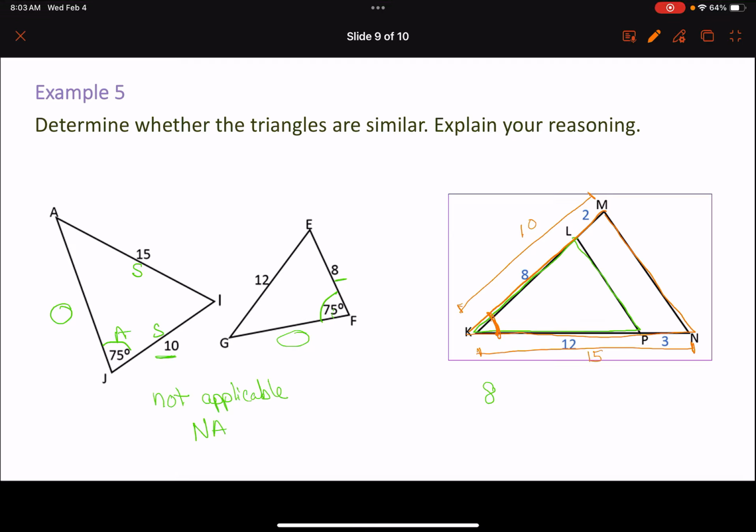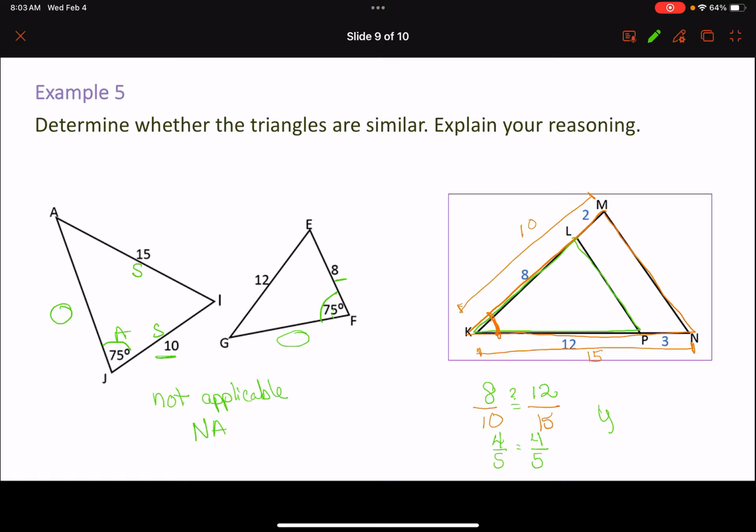And so 8 goes with 10 as 12 goes with 15. So we want to check, are these proportional? 8 and 10 both have a 2 in common, so that simplifies to 4/5. 12 and 15 both have a 3 in common. If we divide 12 by 3, we get 4, and 15 divided by 3 is 5.